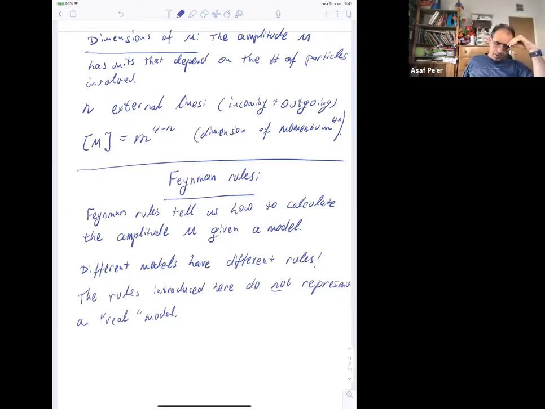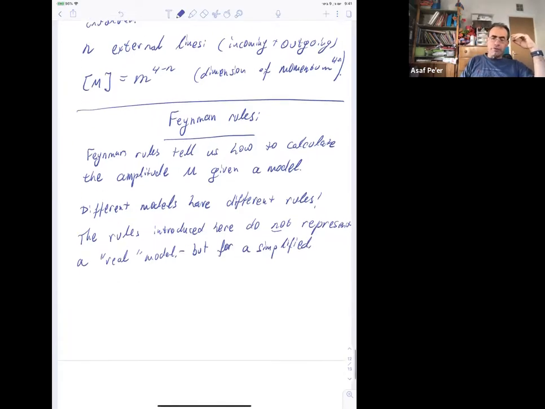But for a simplified one: in our simplified model, we assume only 3 types of particles.